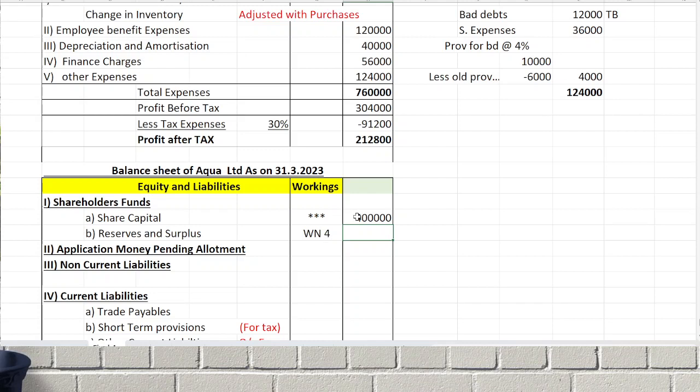Then what all will come in reserves and surplus?